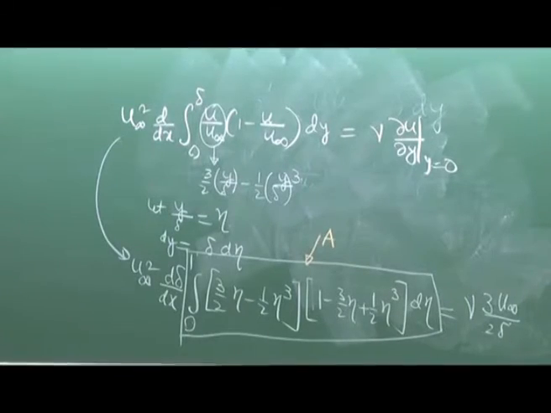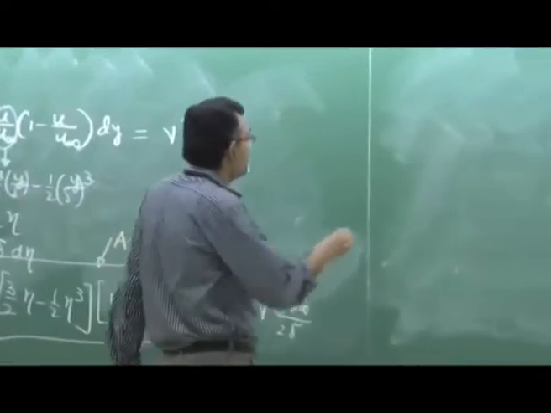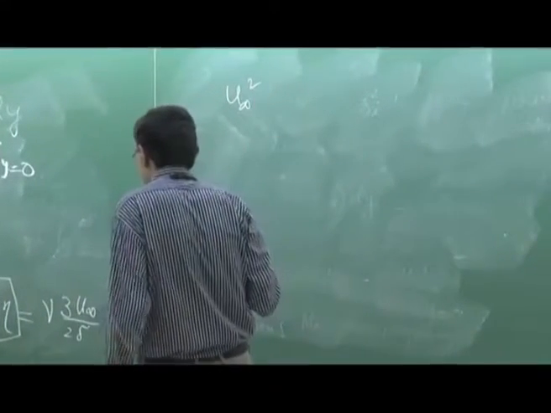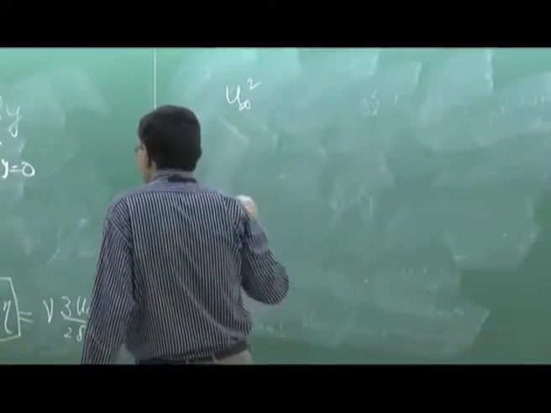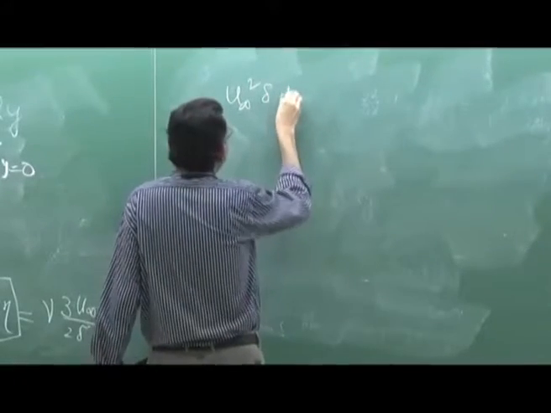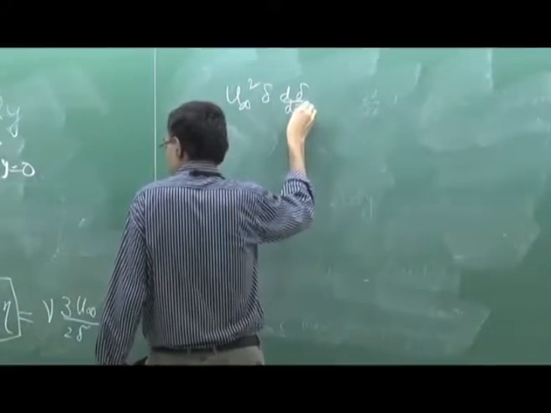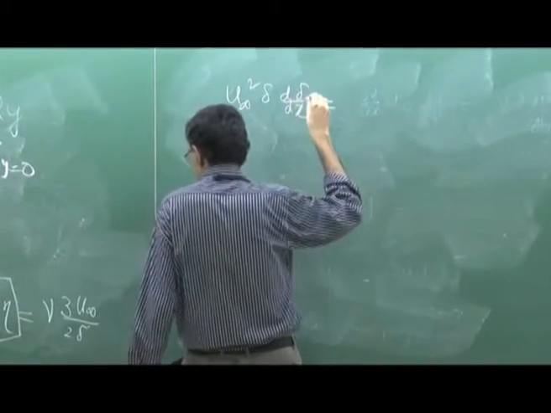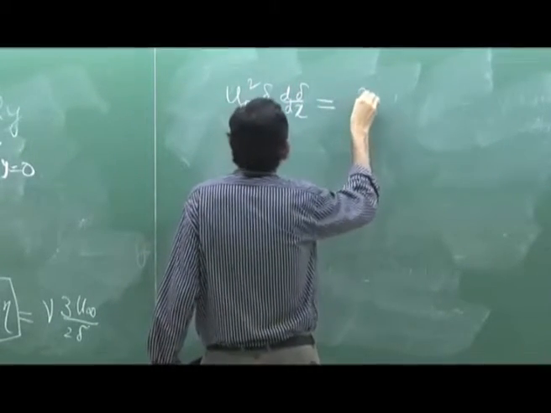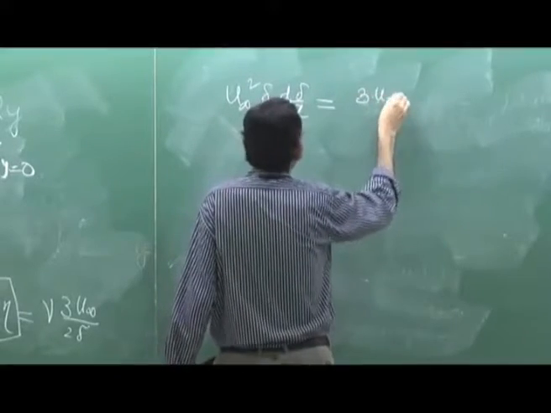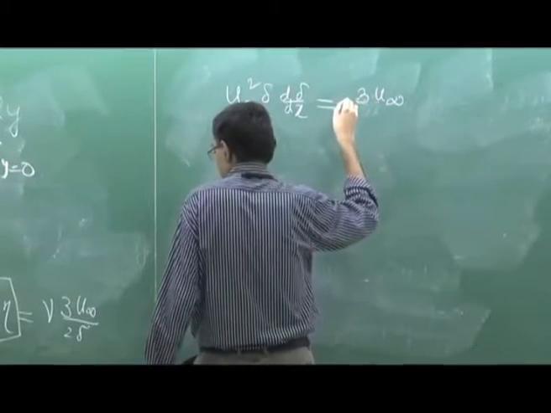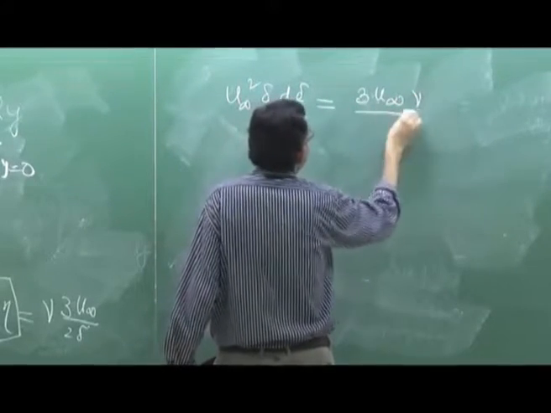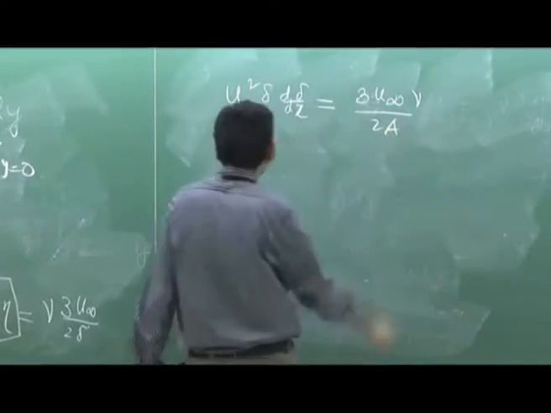Okay. So, u infinity square delta d delta dx is equal to 3 u infinity nu by 2a.